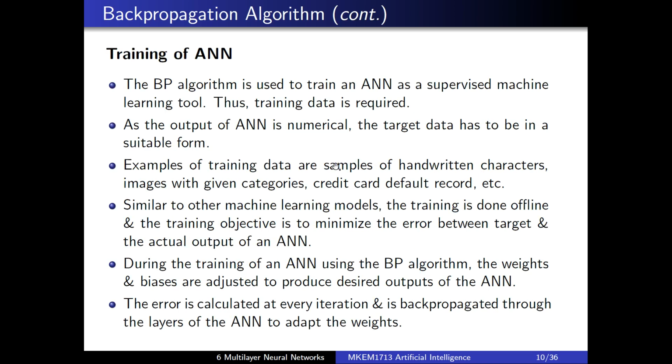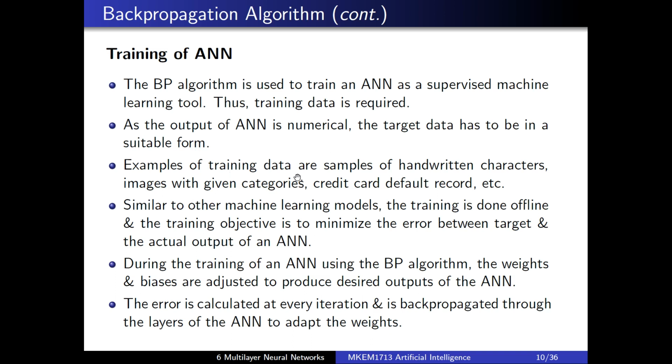So that's why it says here, because the output is numerical for artificial neural network, your target data or the desired output has to be in a suitable numerical form.